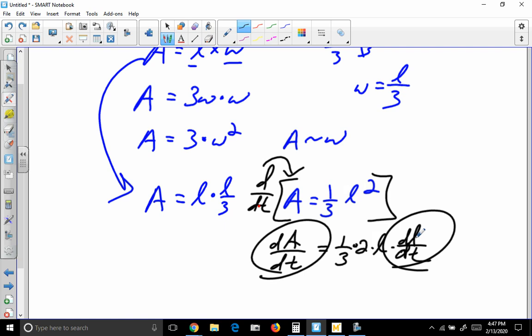If the length is changing at a certain speed, how fast is the area changing? Or if we know the area is changing at a certain speed, how fast is the length changing? All of these pretty much are going to require, quote unquote, the chain rule, because our variable that we're taking the derivative with respect to is going to be time, and none of those variables are going to be time. So we have to use our chain rule, our general power rule, things like that.